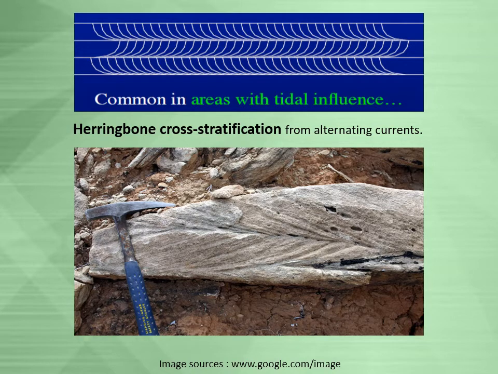Besides these three, there are two other types of crossbedding observed in nature. Here you can see in rock record that this one is one bounding surface, the bottom one is another bounding surface, and within this there are numerous cross laminae.